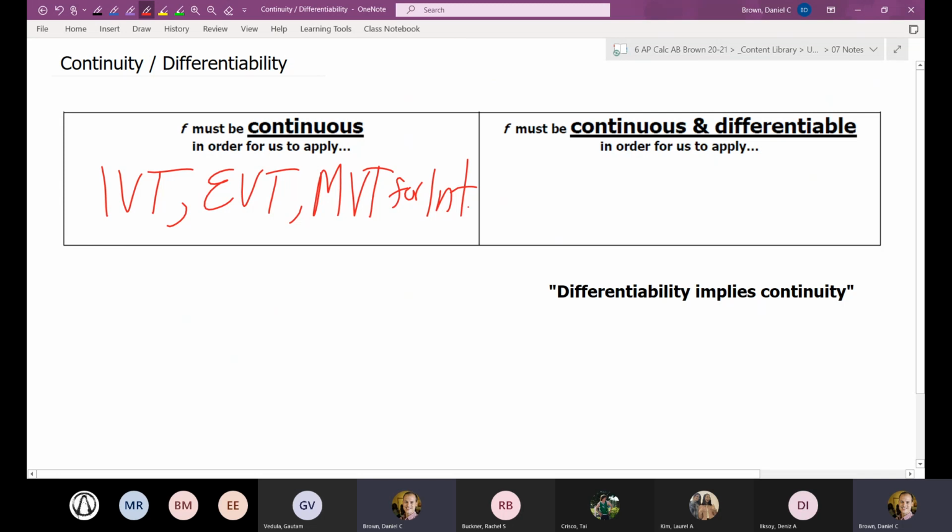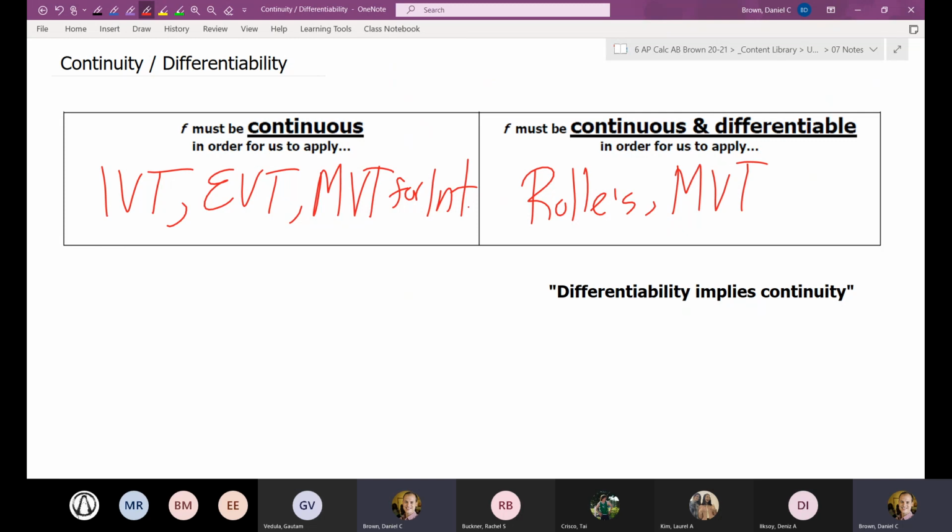And then we have 2 that require it to be continuous and differentiable. They're the ones that both talk about the derivative, and that is Rolle's theorem, and also the mean value theorem. For derivatives, if we just say MVT, that implies it's for derivatives.